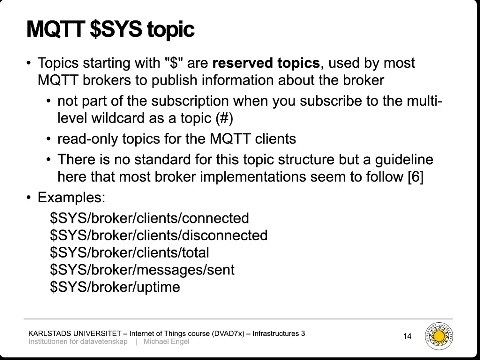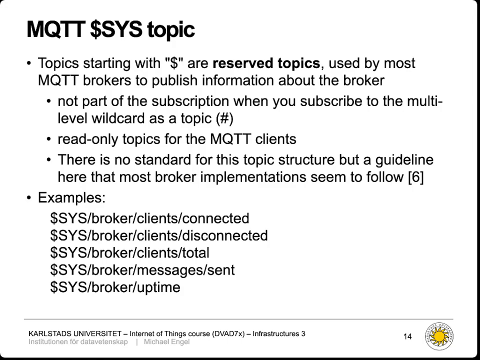For MQTT clients, these are read-only. A dollar message published by an MQTT client is usually ignored by the broker and not forwarded. This is something only brokers can publish. Again, there's no standard for the topic structure, but there's a guideline that most broker implementations seem to follow. I'll just give some examples.